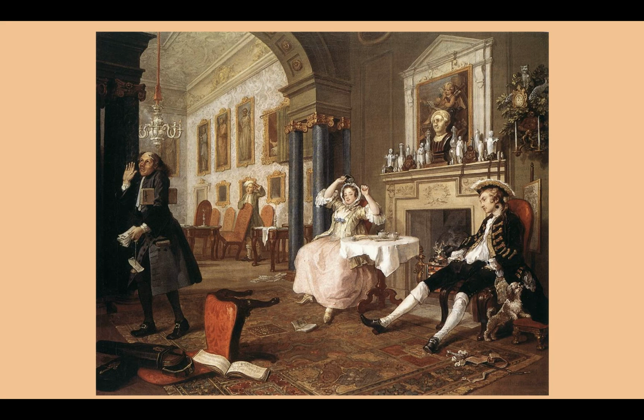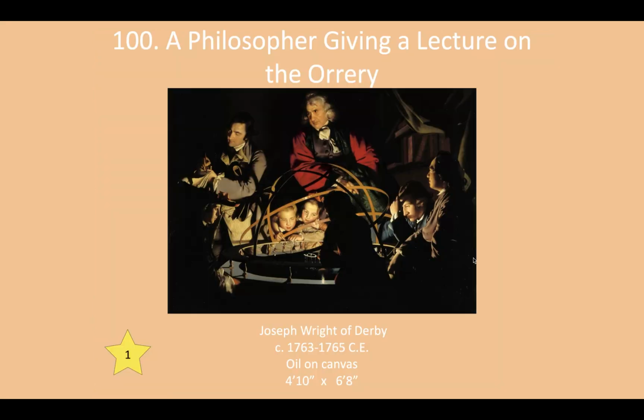And what's awesome is we come off of this piece and we come to this piece, the philosopher giving a lecture on the orrery. And it's amazing the contrast between these two images. The first image, marriage a la mode, tete-a-tete, is just passing judgment on the frivolity of the situation.